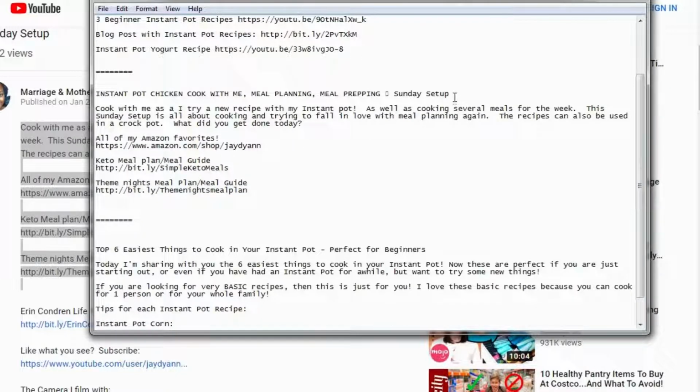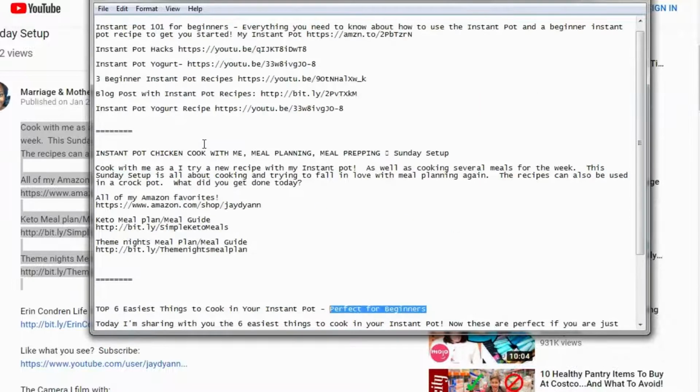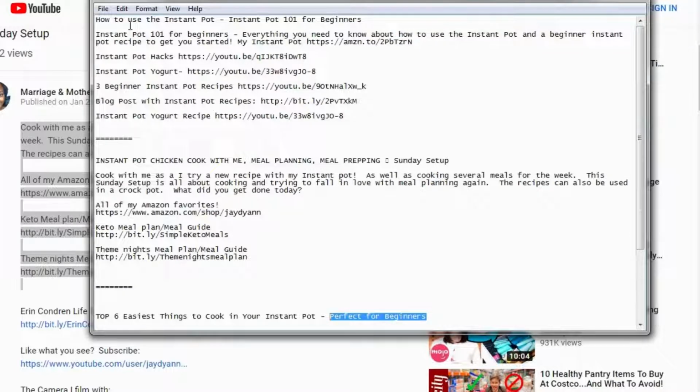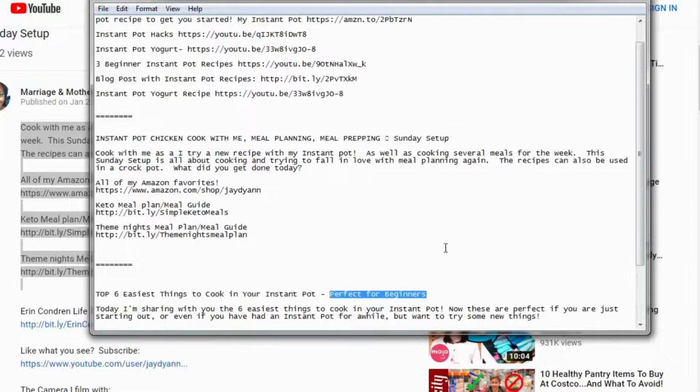This is calling out the people who are busy, essentially. And top 6 ways, top X ways, top certain number ways is always a good title. So perfect for beginners. So if you can imagine, we already see that this title has beginners. This one's calling out perfect for beginners. And this one essentially is calling out people who are busy. So it's a target audience. So that's key.